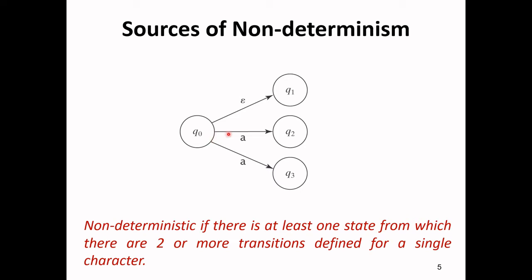Second, it can read the next input character and take the transition to Q2. Or third, it can read the next input character and take the transition to state Q3. So, at a given time from state Q0, this NDFSM has three alternatives. Whether to go to state Q1 or Q2 or Q3 leads to non-determinism.